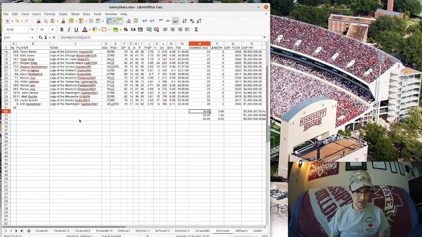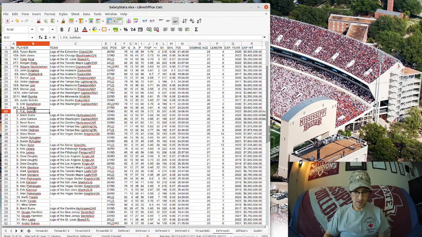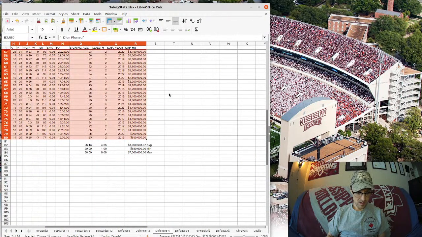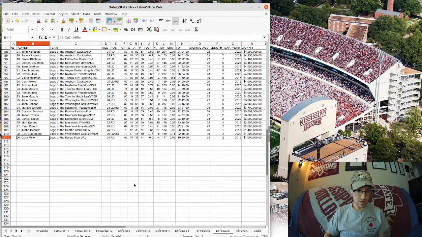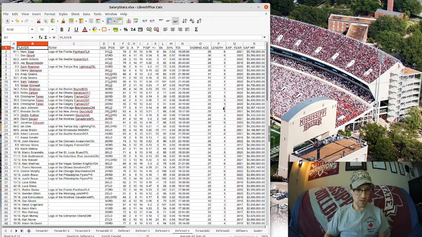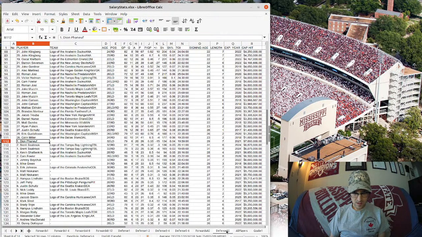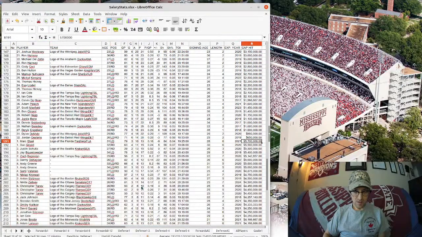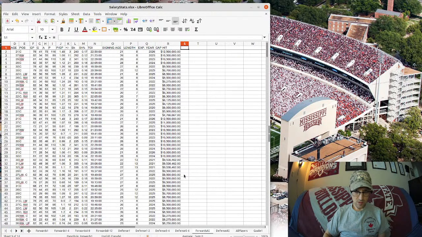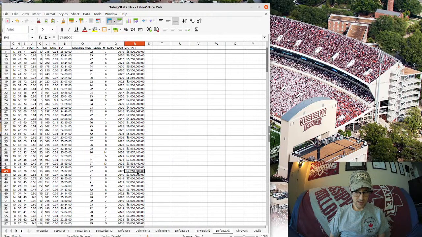We'll have to figure that out after. Good. That's forwards, that's defense.